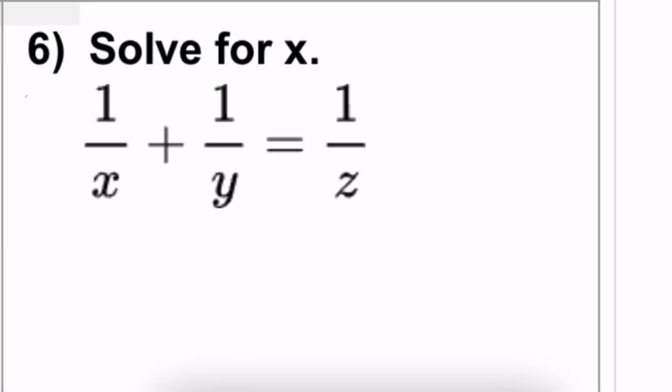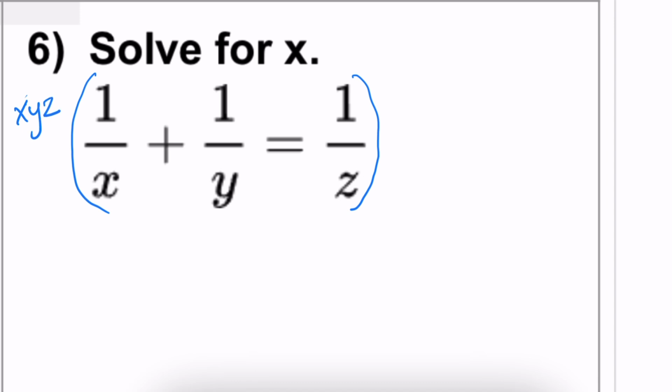For question number 6, there are several ways to do this problem. But what I'm going to do is I'm going to get rid of the fraction because most people don't like dealing with the fraction. So I'm going to do the method where you clear the fraction first. So you see all my denominators, x, y, z. I'm going to multiply each one of the fractions by x, y, z.